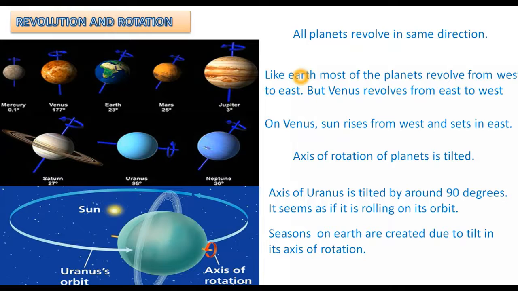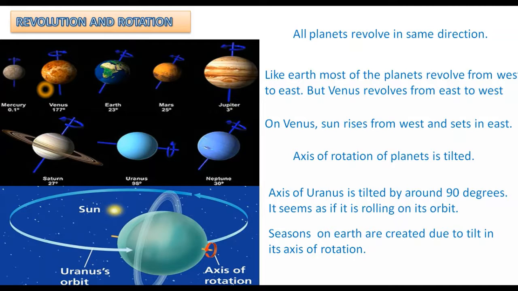Okay, but yes, you can see here all of the planets revolve from west to east, but it's only Venus that revolves from east to west.